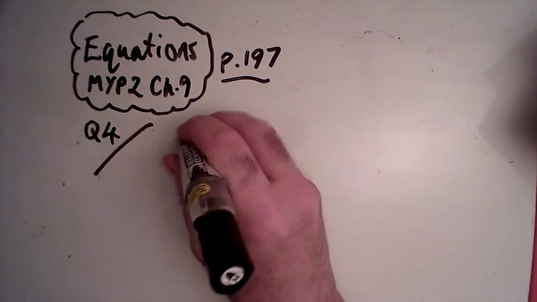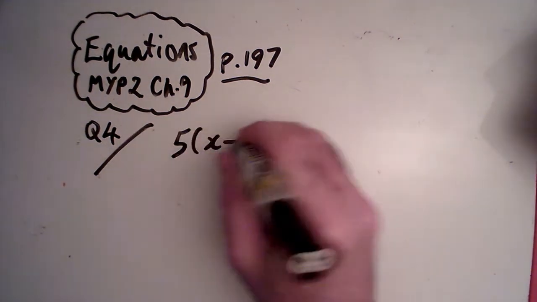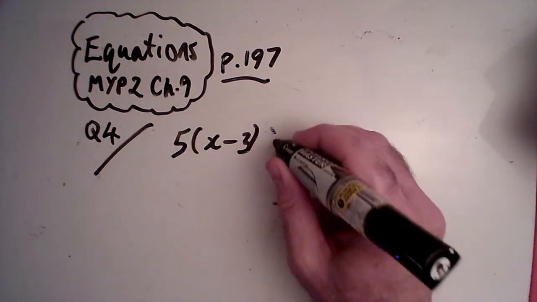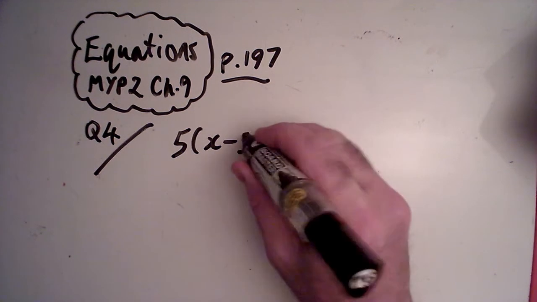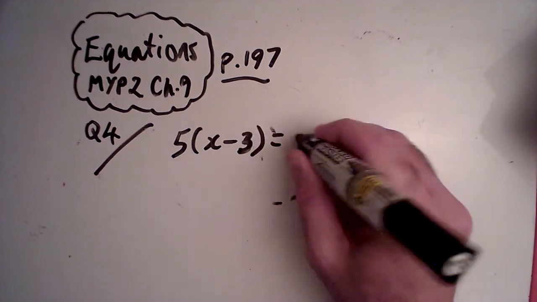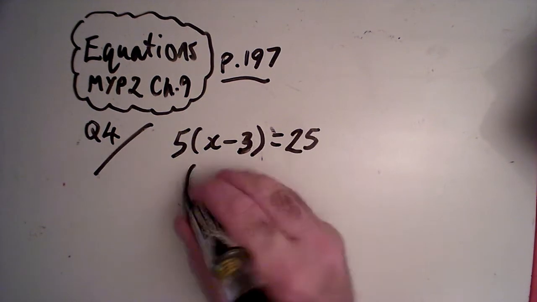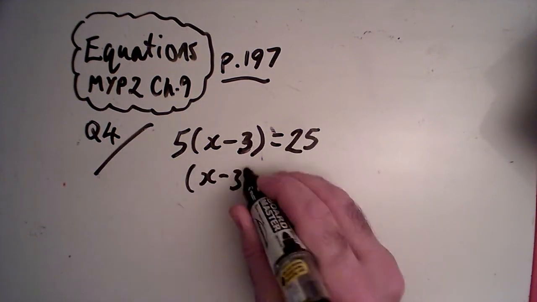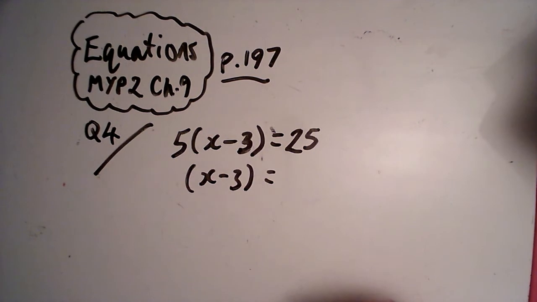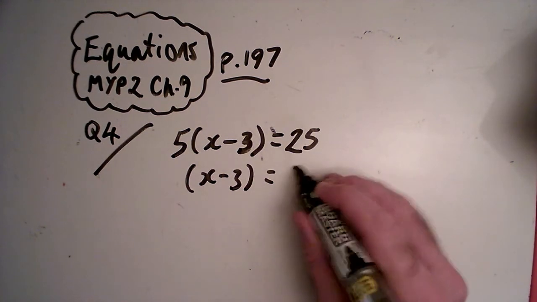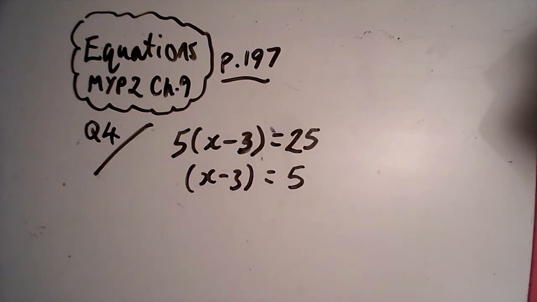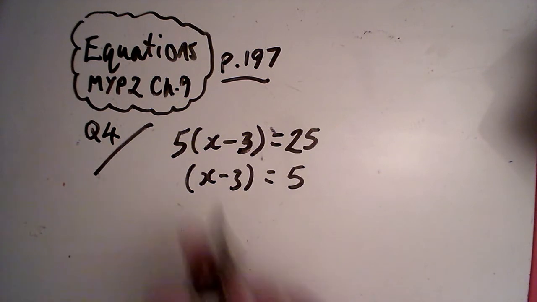5(x - 3) = 25. I'll divide both sides by 5 to get the bracket bit on its own. So x - 3 on its own equals 5, having divided both sides by 5.